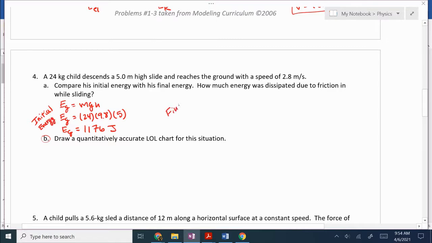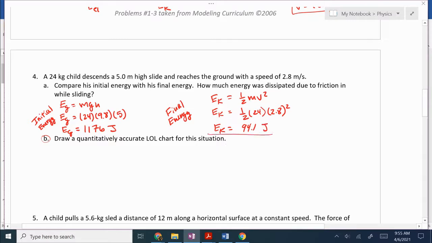Final energy is kinetic energy: 0.5 times 24 times 2.8 squared is going to give you 94 joules.